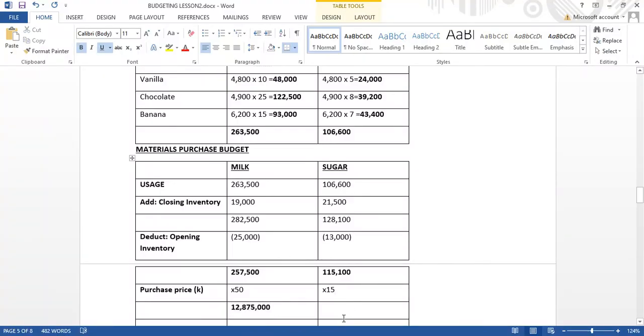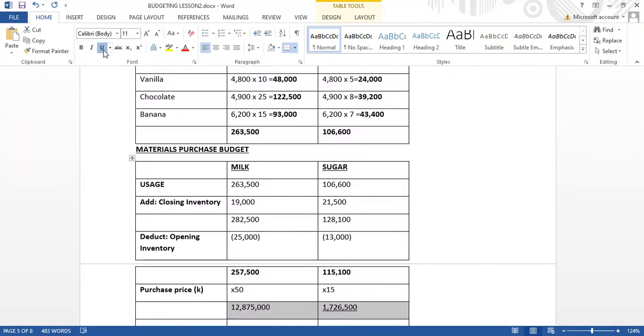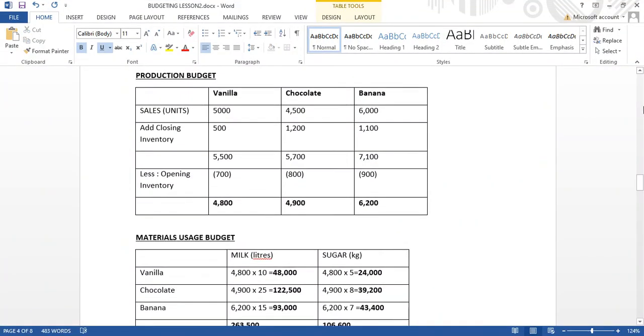Then 115,100 times 15. It's going to cost us 1,726,500 to get our sugar. All right, it's going to cost us that. So we are done with our materials purchase budget. This is how much it's going to cost us to purchase these materials.